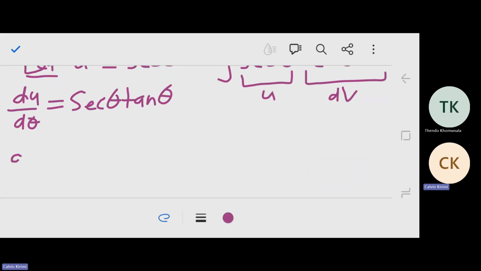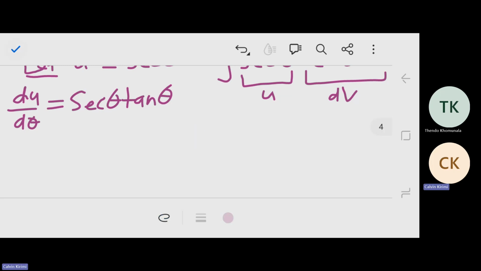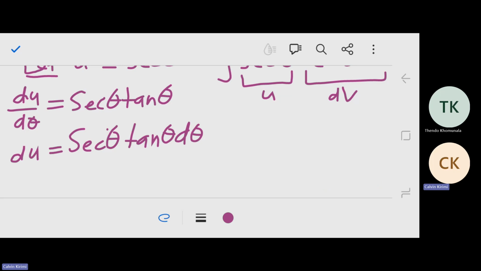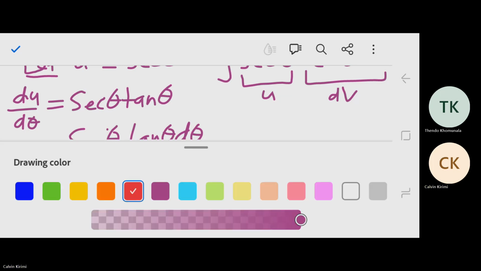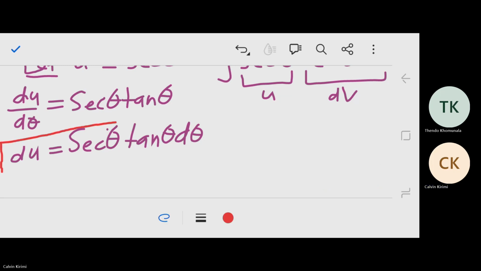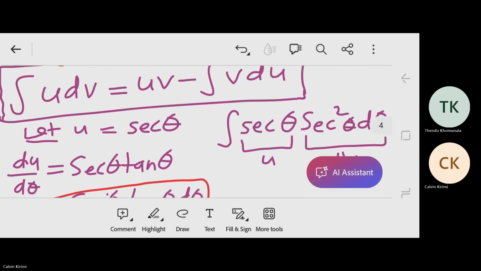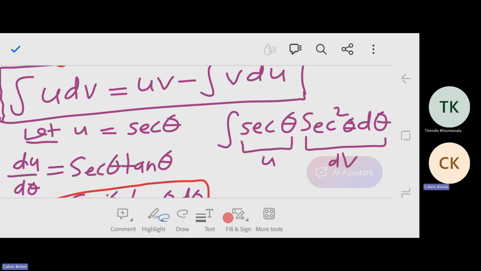Then we say du is equal to secant theta tan theta d theta. Whenever you see du, you replace du with this expression. Where there is u, you replace u.